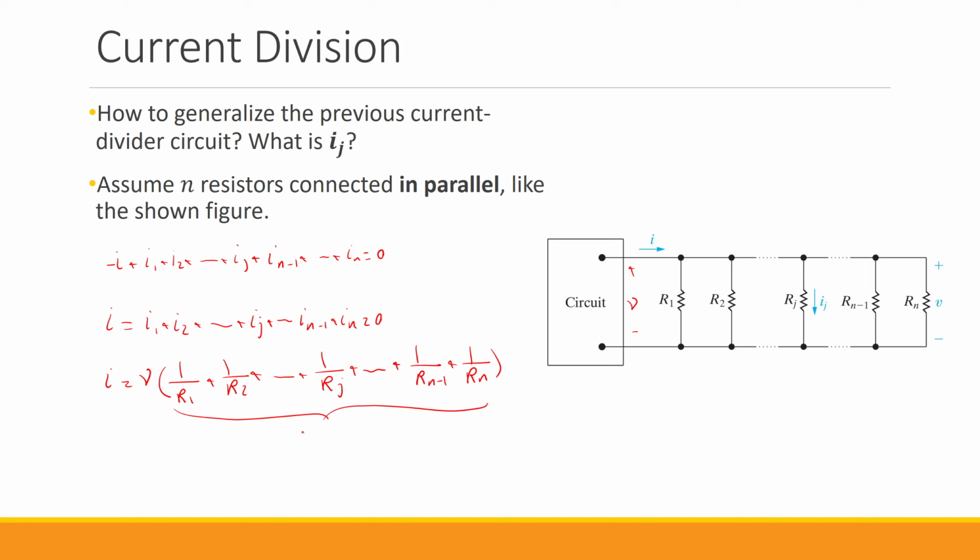If you remember, this is equivalent to 1 over Req for a bunch of resistors all connected in parallel. So I can simply write it as V over Req. Based on this equation, we can easily write I equals V over Req, or V equals I multiplied by Req.